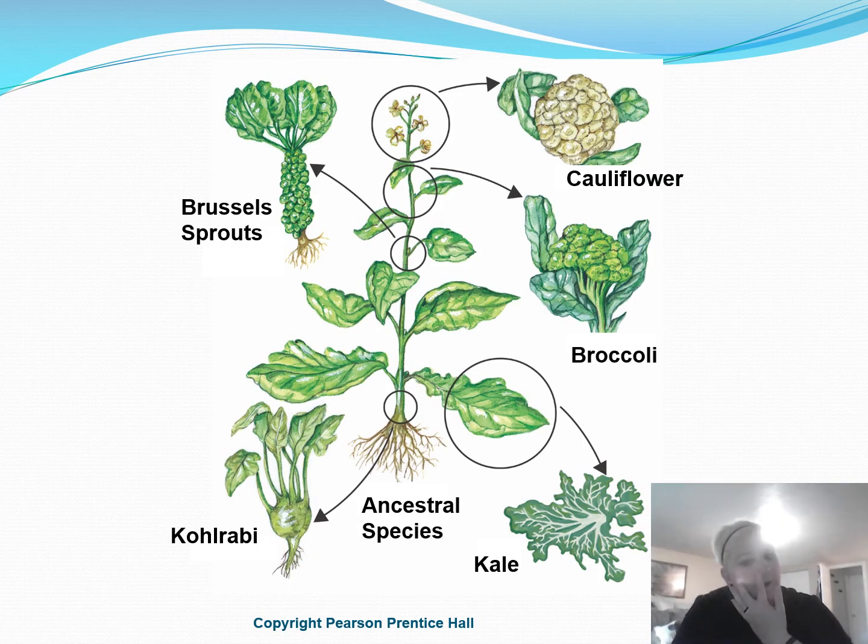This is just showing you that you could do it with plants too. Cauliflower, broccoli, like, oh, I really like eating this part of the plant. Well, I'm going to crossbreed the two plants that produce the biggest, best parts of broccoli in hopes that their offspring would also produce a lot of broccoli.